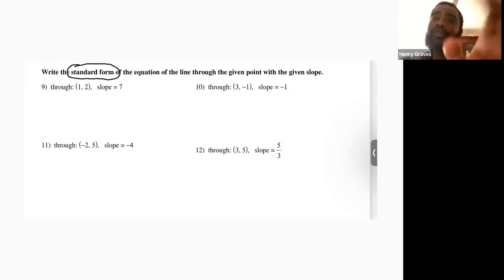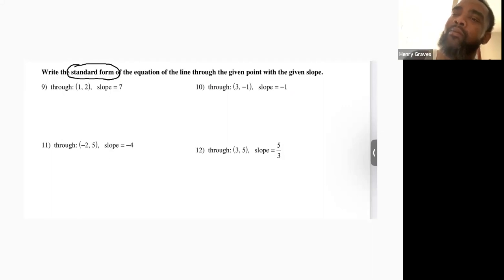So what I'm going to do is write the slope formula, y equals mx plus b. This is my x, this is my y, and this is my m. Plug everything in. 2 will equal 7 times 1 plus the b. I don't know what the b is.